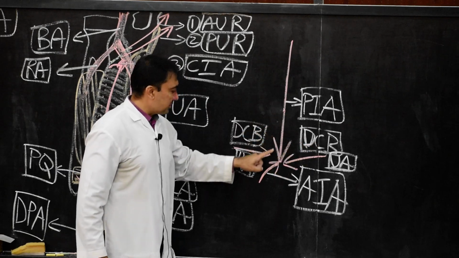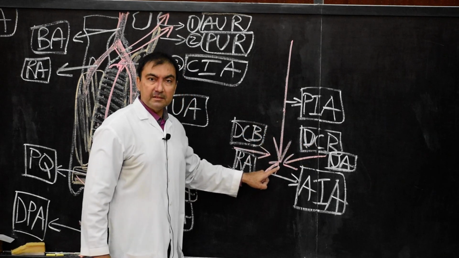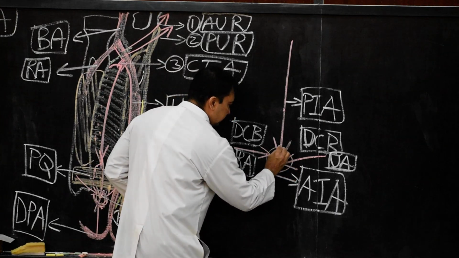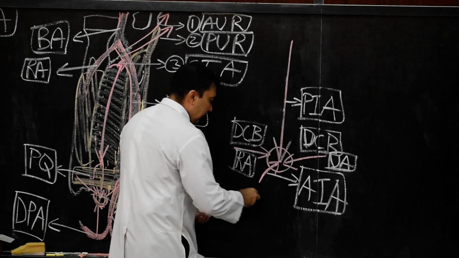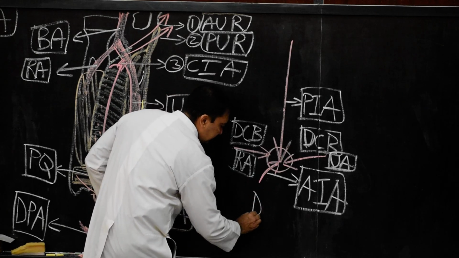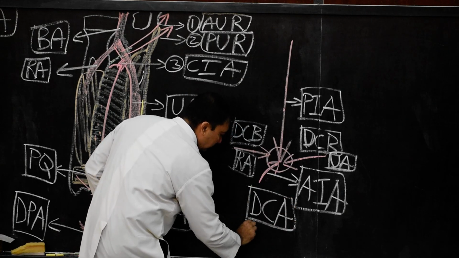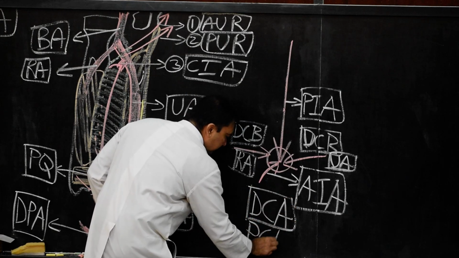So the dorsal carpal branch of the radial artery, the dorsal carpal branch of the ulnar artery, the posterior interosseous artery, and the anterior interosseous artery together form a plexus, which will be known as the dorsal carpal anastomosis, or posterior carpal anastomosis.